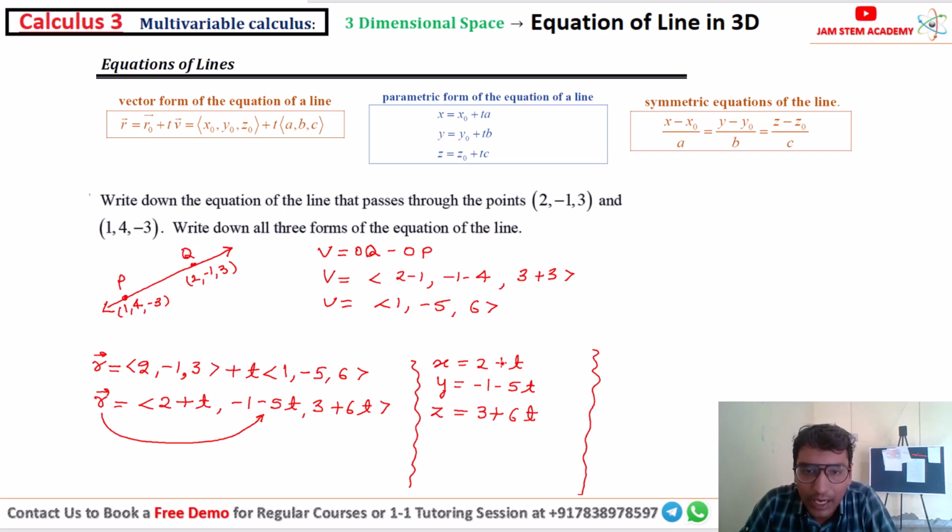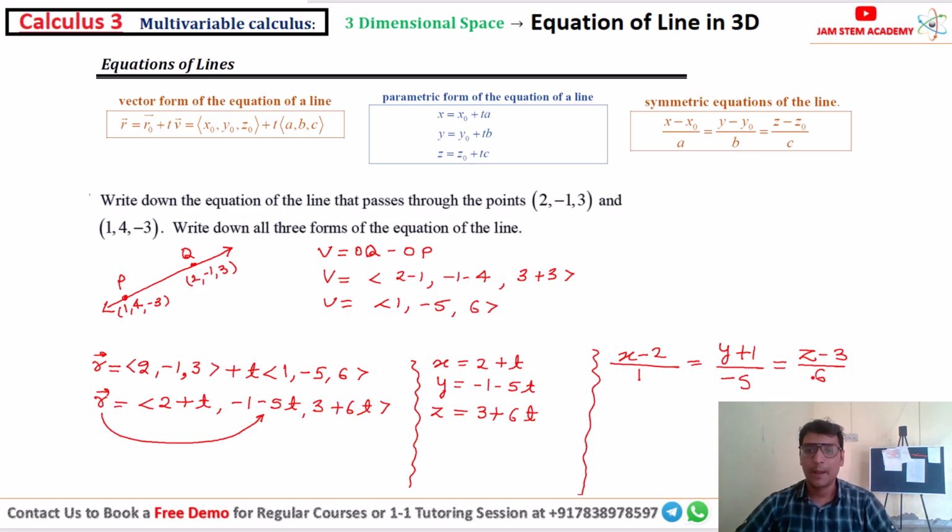Now for the symmetric form. It's simple. Either find the t values from here, but if you don't want to calculate t for the symmetric form from the parametric form first, directly you can find the symmetric form. How? It is x minus x naught, means x minus 2, divided by 1, the direction vector component, y minus minus 1, means y plus 1, divided by minus 5, equals z minus 3 divided by 6.